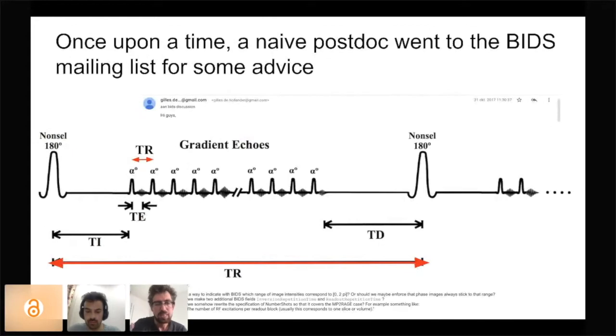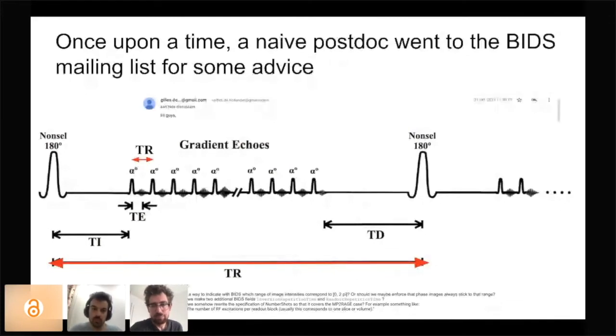So for example, in the MP2RAGE, there's actually 2 repetition times that you could arguably call repetition times, and were also called repetition time in the original paper. So there's the repetition time between the non-selective inversion pulses, and there's the repetition time between the readout lines in the gradient echo readout block.